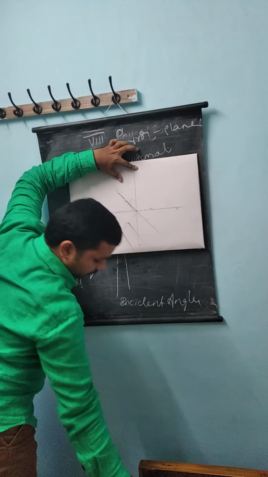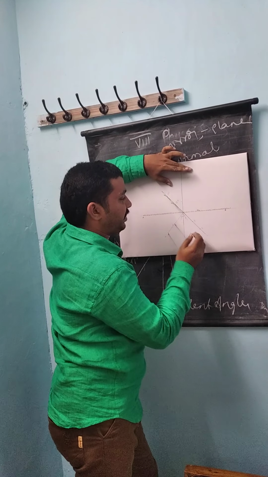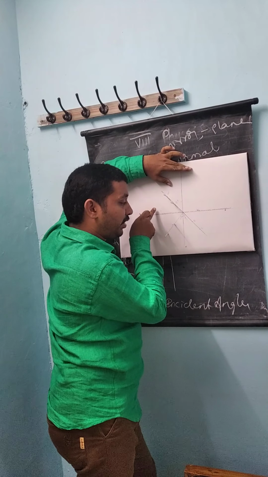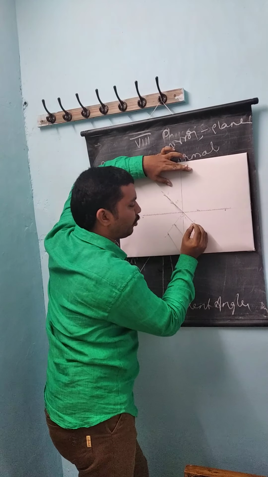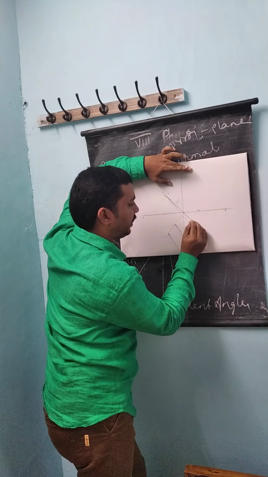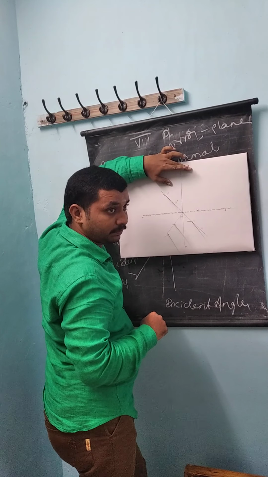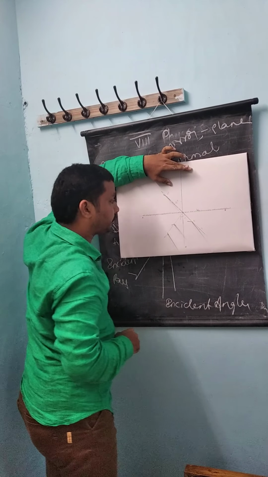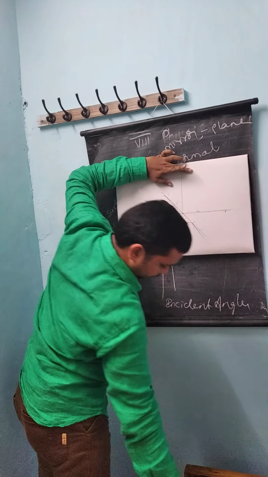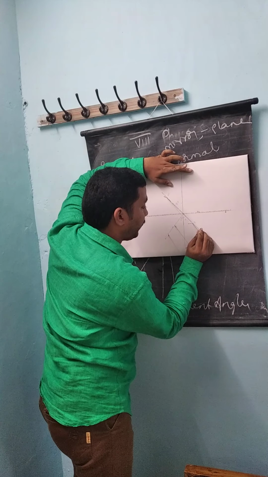Now, by observing the images inside the mirror, we have to place one more pin such that they are in the same straight line.